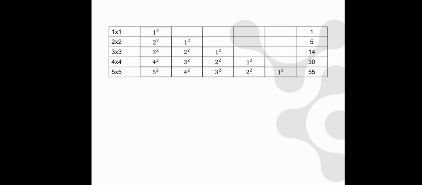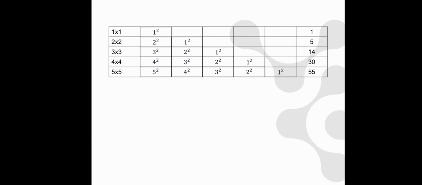A 3 by 3 square board has 14 squares because there are 9 1 by 1 plus 4 2 by 2 plus 1 3 by 3. A 4 by 4 square board has 30 squares because there are 16 1 by 1 squares plus 9 2 by 2s plus 4 3 by 3s plus 1 4 by 4 square.